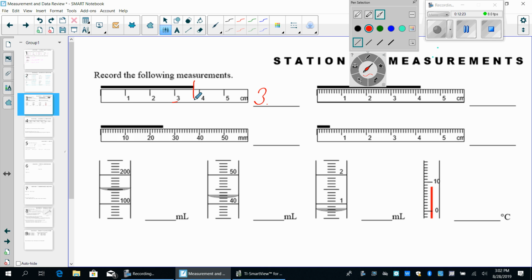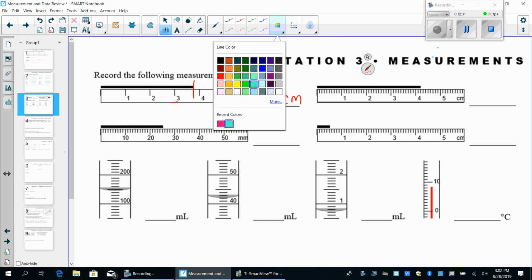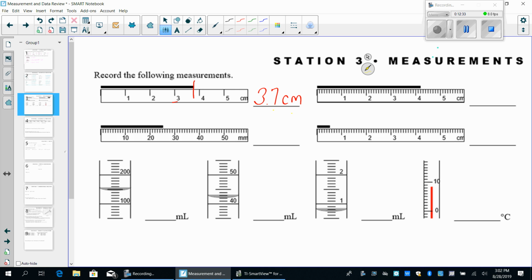So I would estimate 3.7 centimeters. Remember that this last one, that 0.7, is an estimate. So somebody else could say 3.8 and so forth, but you can only have 2 significant figures in that measurement. You don't need any more.